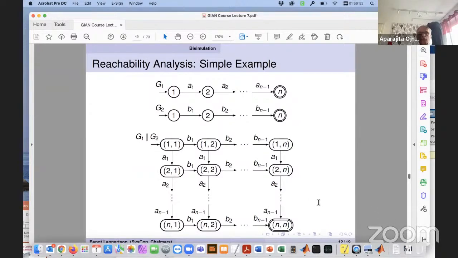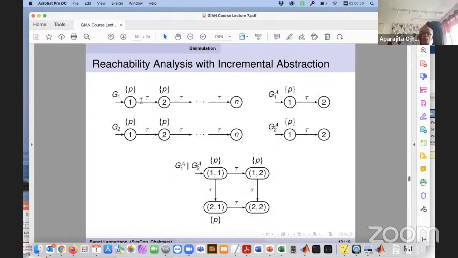On the other hand, if we now say that all these events are actually local, there are no shared events at all, so we can replace all these with tau. And we also say that all the first states, except the last one, we put a P label on, because here I use the most common assumption that you should take the union of state labels.